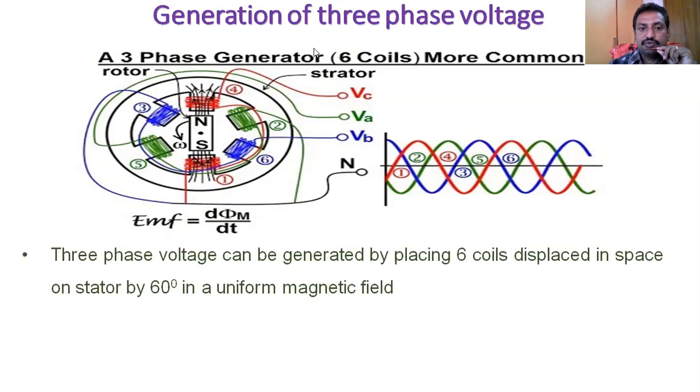But whereas we want to produce a three-phase supply, we use 6 coils as 3 sets of coils, north and south, like this. These 3 sets of coils are displaced by 120 degrees, but the 6 coils are individually displaced by 60 degrees. Each pair is displaced by 120 degrees. And 3 conductors are placed in between these as a rotor. These poles are placed on the stator.